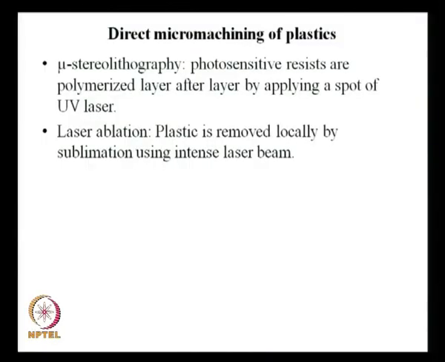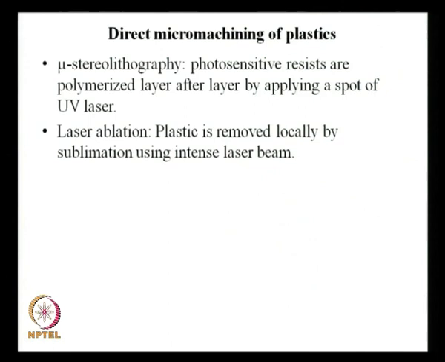Now, if we go back to the slide, there could be photosensitive resists that can be polymerized by using a spot of laser. That means you have the resist which will form a solid structure if you apply laser light, only on those portions where you want that buildup to take place.